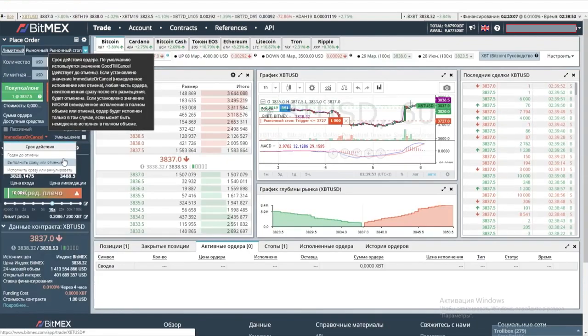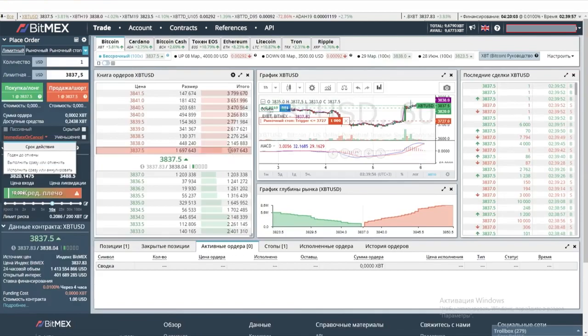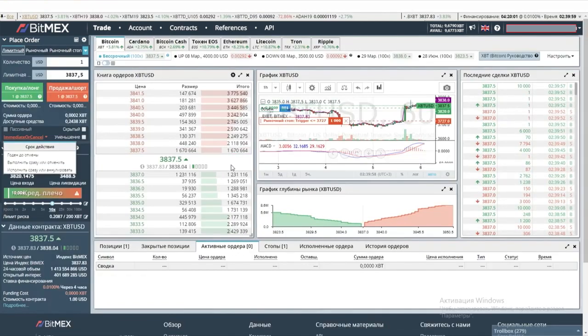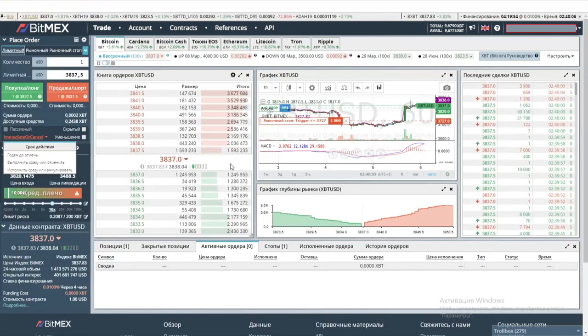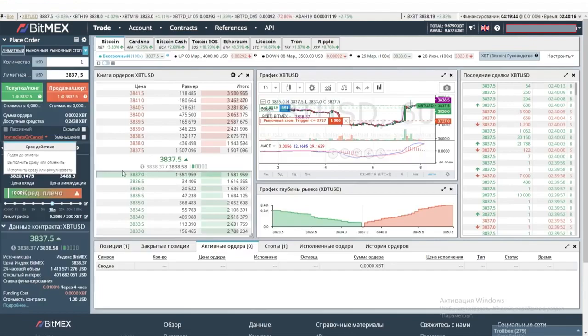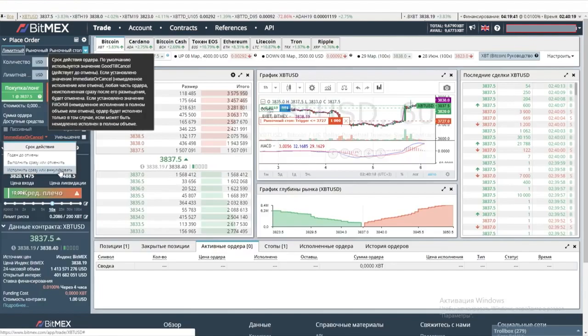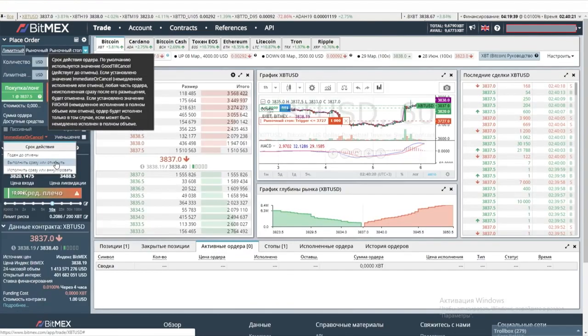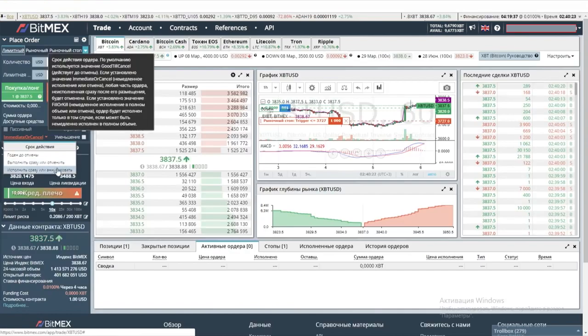Then, "execute immediately or cancel" is almost the same thing as "execute immediately and cancel," but they have some differences. Again, it's more interesting for big players. The order is executed immediately or cancelled. It is executed immediately, but only some part of the order may be executed. For example, we see the purchase of 1,800,000 contracts and we want to buy roughly 2 million contracts, as a whale ourselves.